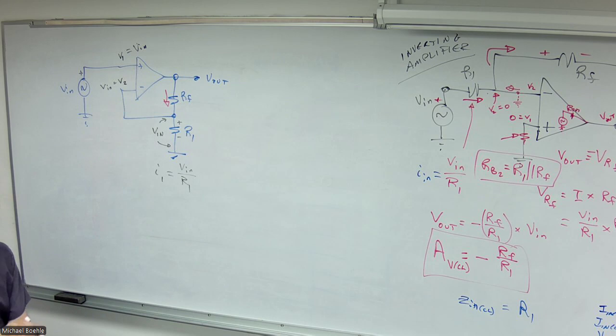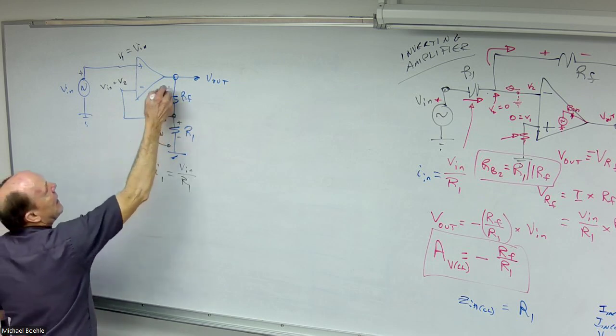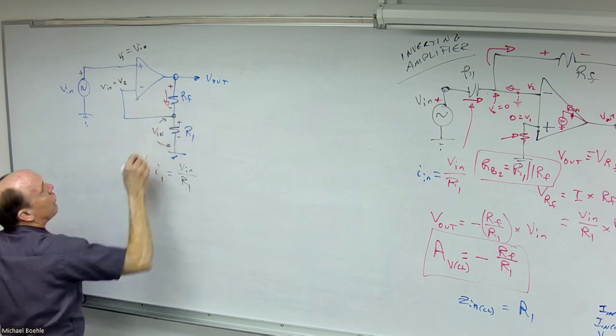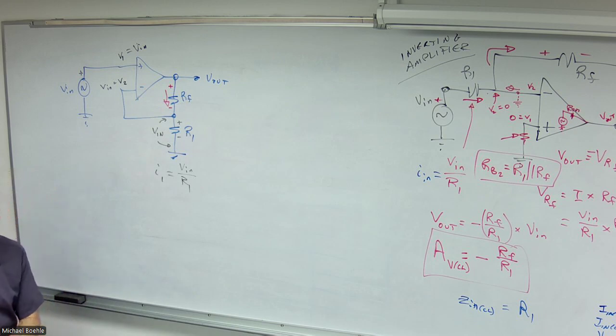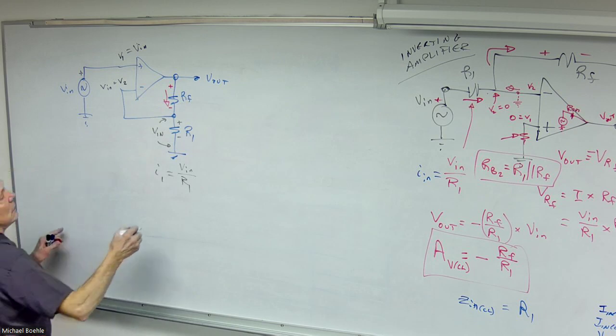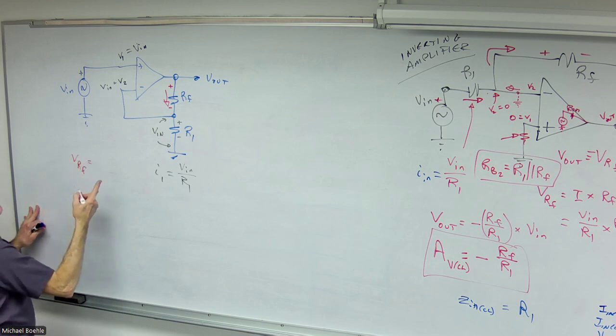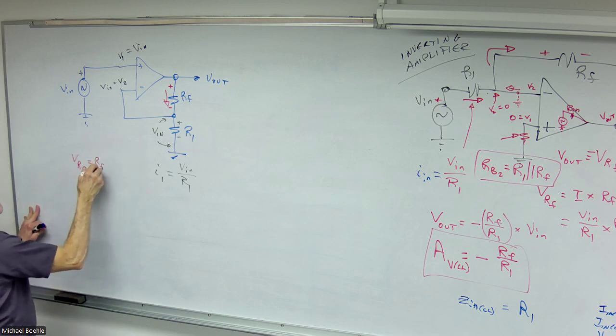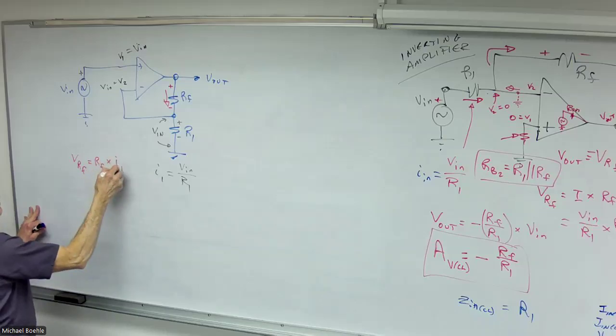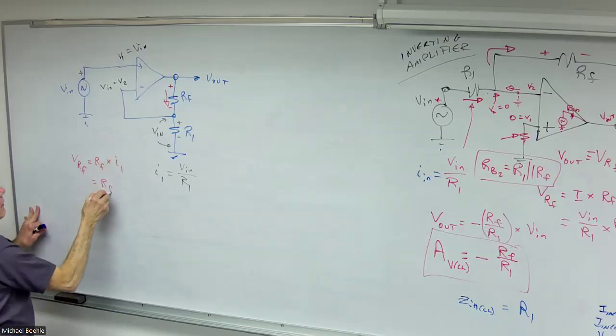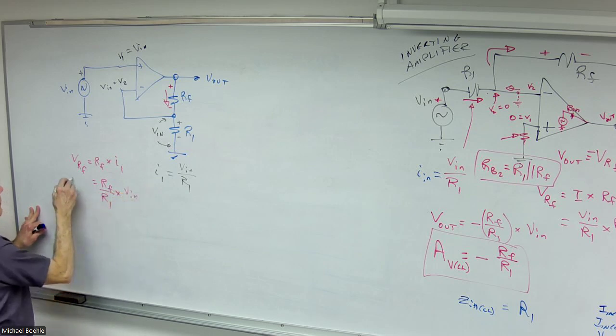First assumption. So that means that that current creates a voltage drop across RF. Voltage across RF will be equal to RF times current 1, or RF divided by R1 times Vin.